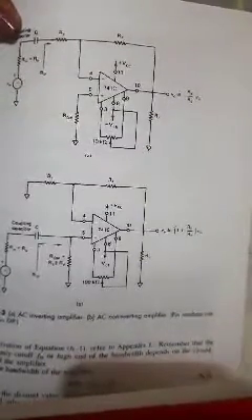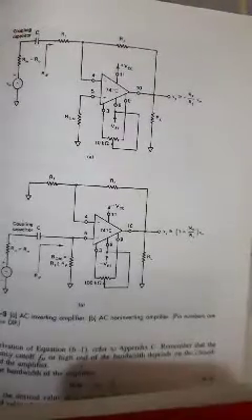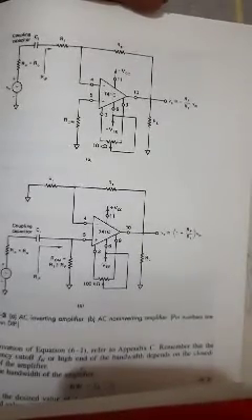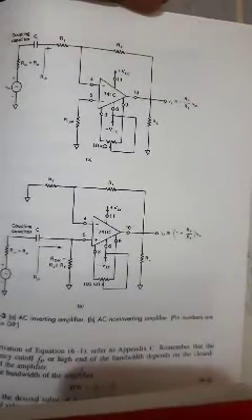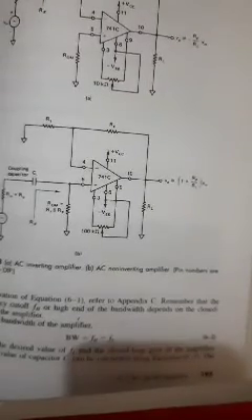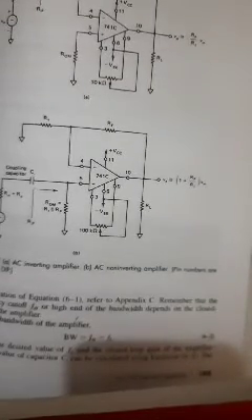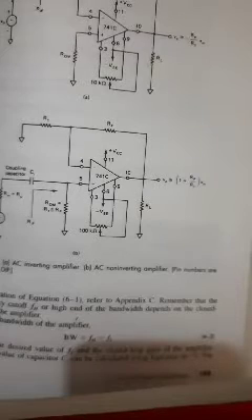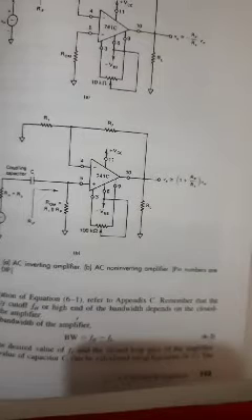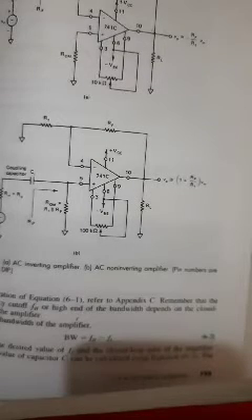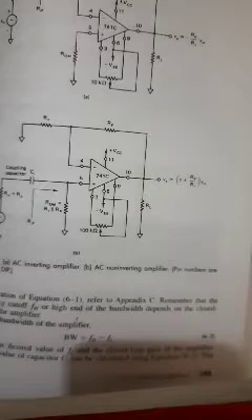A coupling capacitor is used at the input side. These coupling capacitors block the DC voltage and allow only the AC signal to flow through. They not only block the DC voltage, they also set the low frequency cutoff limit, which is usually given as FL equals 1 divided by 2 pi Ci into RIF.